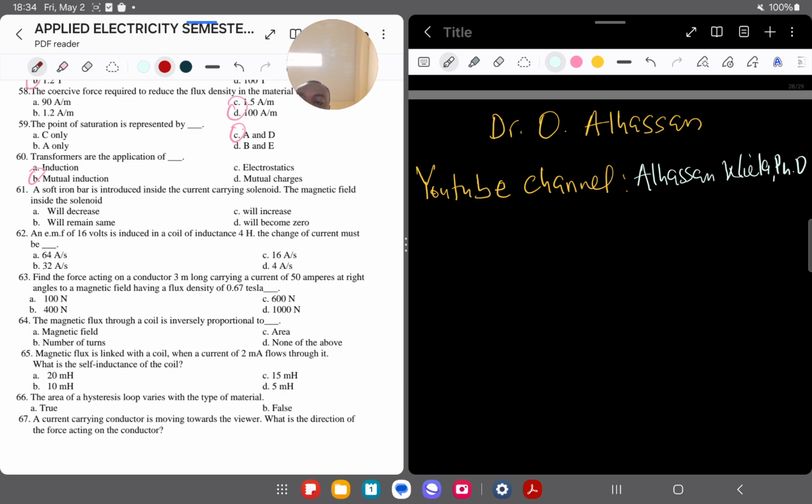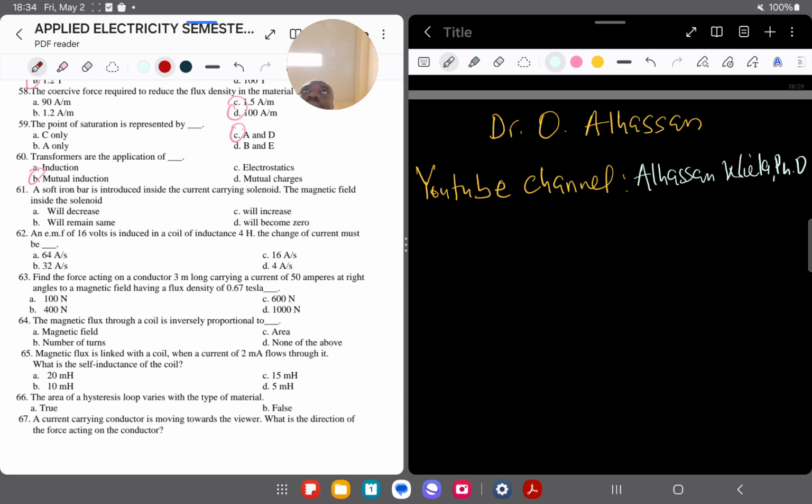Question 61. If you look at question 61, a soft iron bar is introduced inside the current carrying solenoid. Now, the magnetic field inside the solenoid.